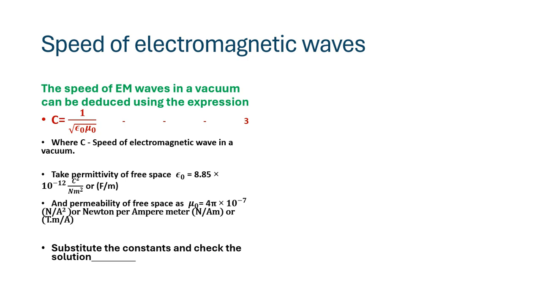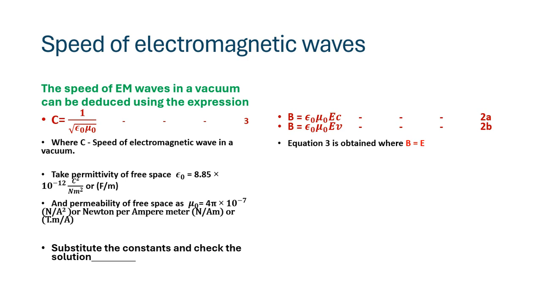Substitute the constants and check the solution. I would like you to try that. Look at this expression in equation 2a and 2b as well. Equation 3 is obtained where B is equal to E. Of course, we know that epsilon naught is the permittivity of free space and mu naught the permeability of free space.